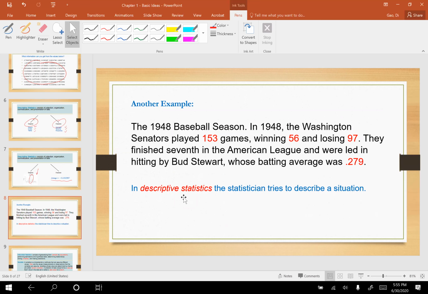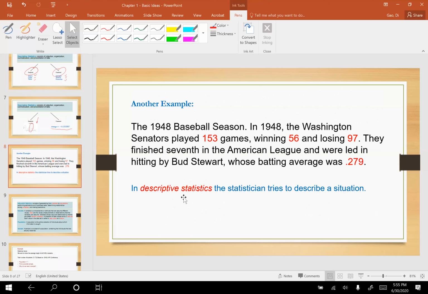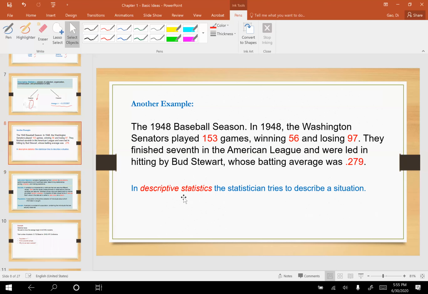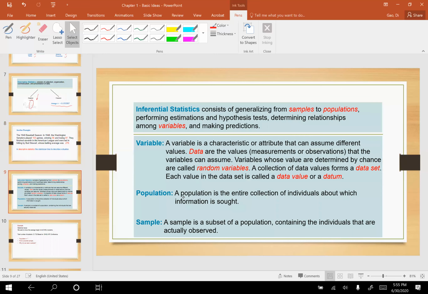In descriptive statistics, the statistician, and we're all statisticians now because we're taking this course, wants to describe a situation, using some numbers and values to describe the data. That is descriptive statistics. After that, let's talk about inferential statistics.